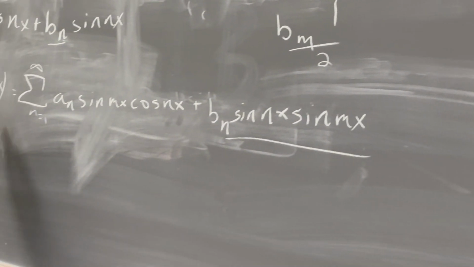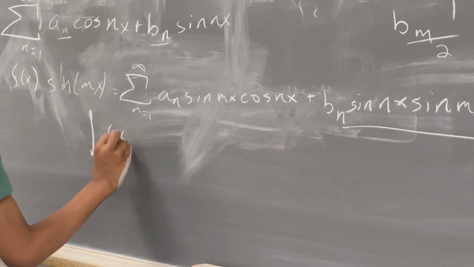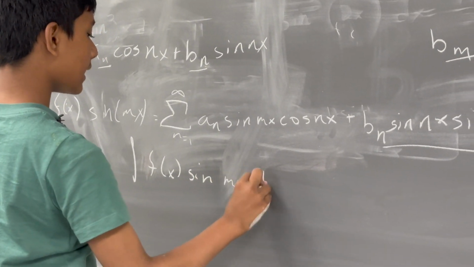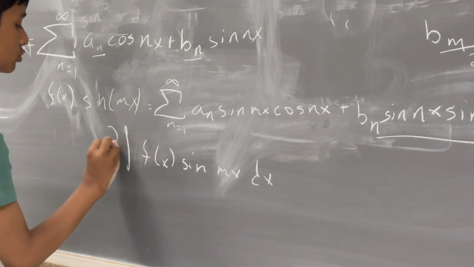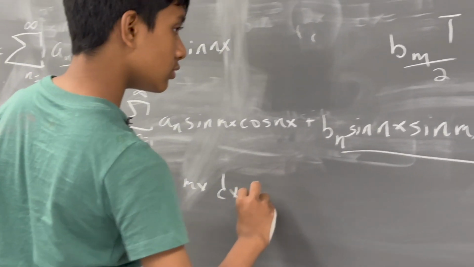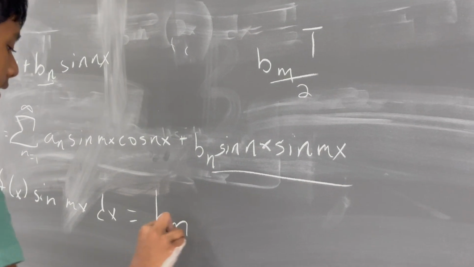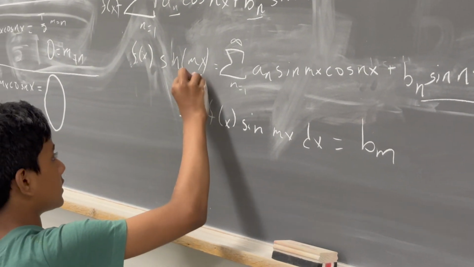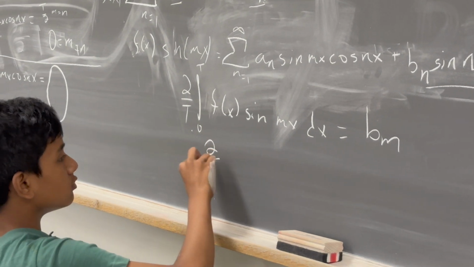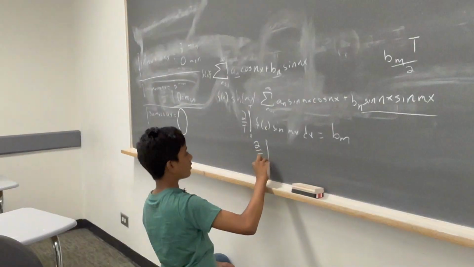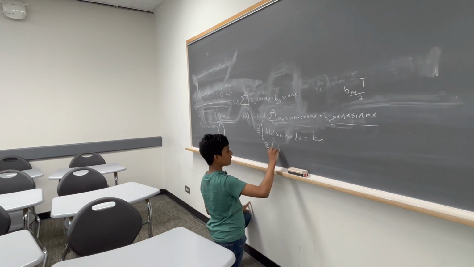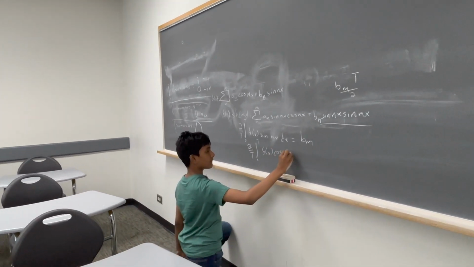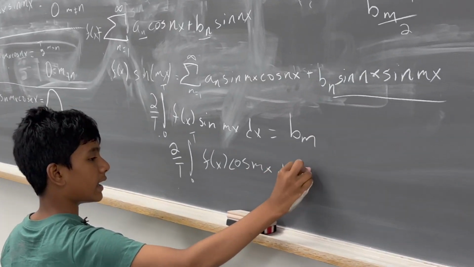So that means that the integral of f of x sine mx dx times 2 over T is equal to b_m. And using the same logic, 2 over T from 0 to T, f of x cosine mx dx is equal to a_m.